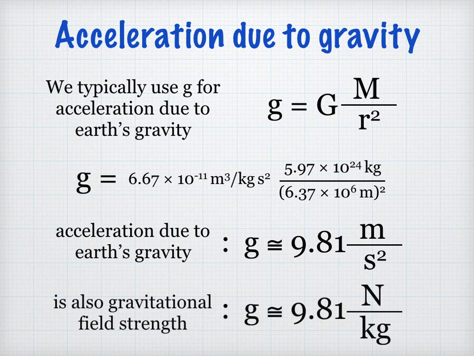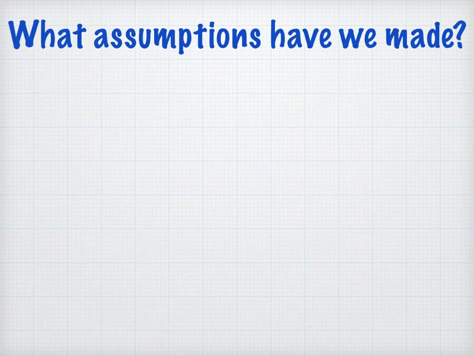This turns out to be equivalent to a gravitational field strength, because meters per second squared is equivalent to newtons per kilogram. In other words, for every kilogram of mass in the Earth's gravitational field, there's 9.81 newtons of force on that kilogram. If we did this calculation on the moon, we would get a much smaller number because the moon's gravitational field is so much weaker.